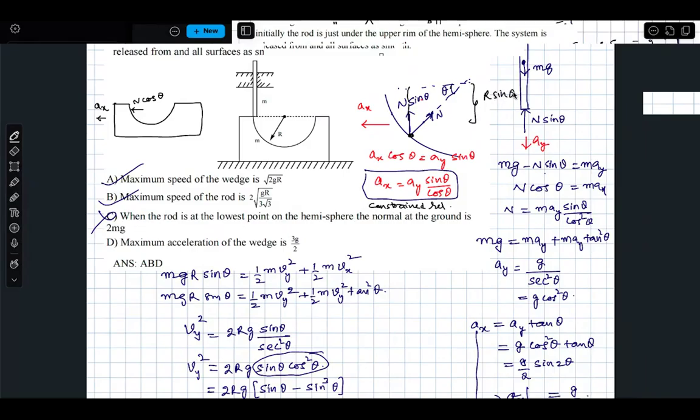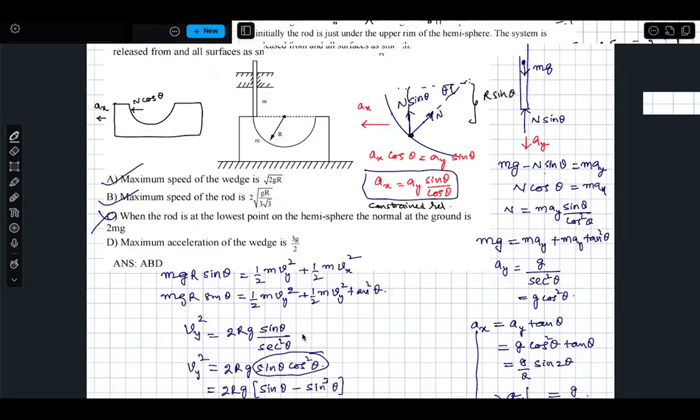So the rod has descended by r sin theta. So mgr sin theta is half mv squared of the rod, which has only vertical velocity, plus that of the wedge, which has only horizontal velocity: Vx squared, Vy squared. The same constraint relation responsible for Ax and Ay is responsible for Vx and Vy also.